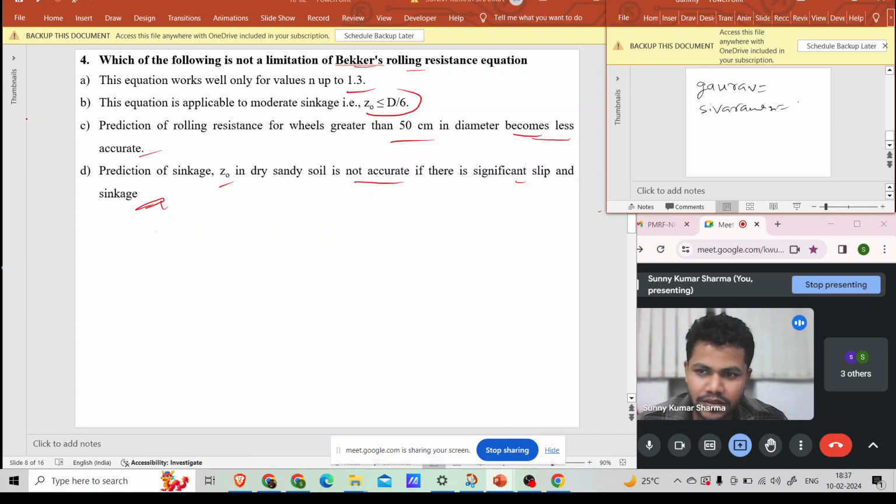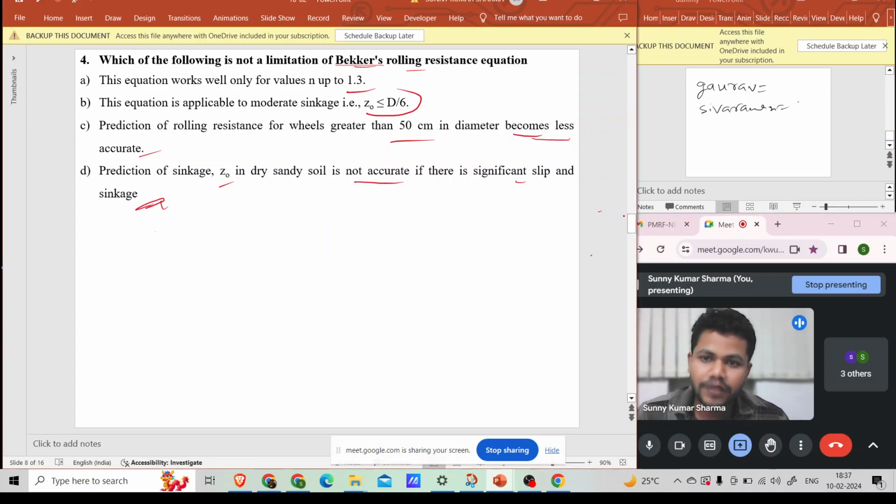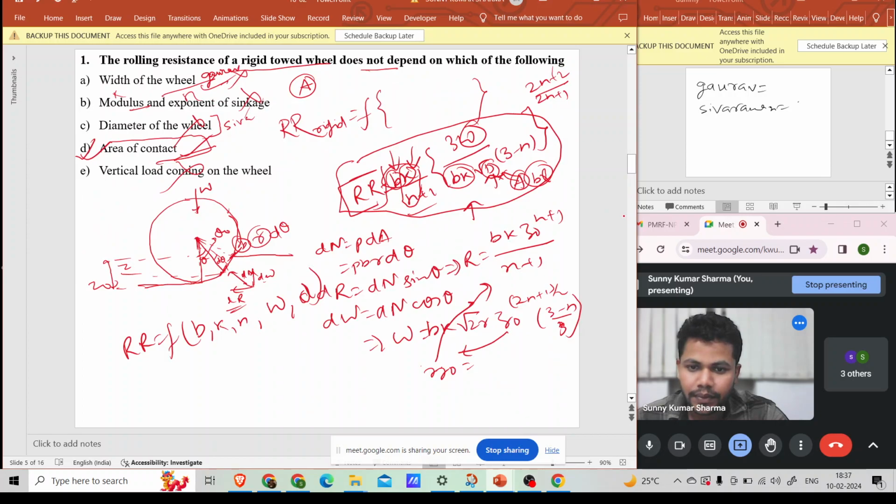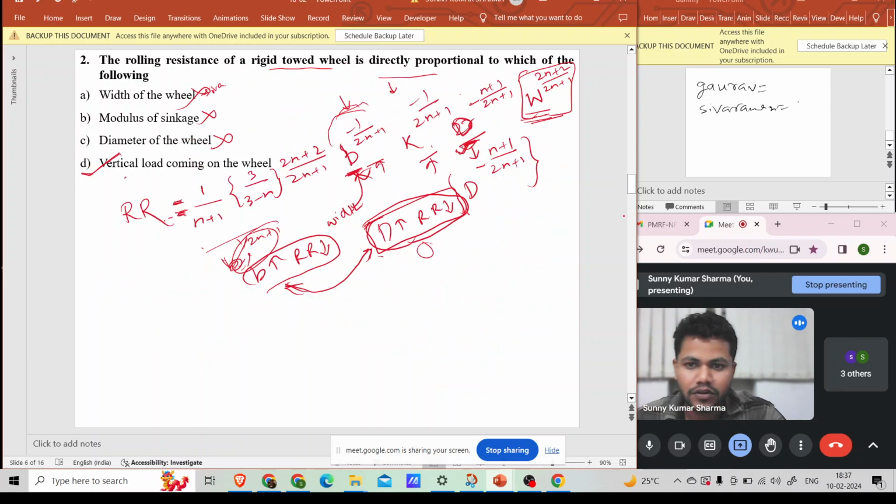This is a theoretical question. This is given in the book also, and sir has taught that also. The equation works well only up to the 1.3 value. When you derive that equation, you will get an exponent, and that is limited to n equal to 1.3 only.